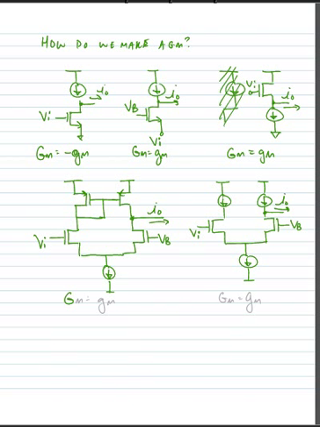In either of these cases, our big GM would simply be equal to little GM of the differential pair device. Alright, so we'll continue our investigation of gyrator circuits on the next slide.